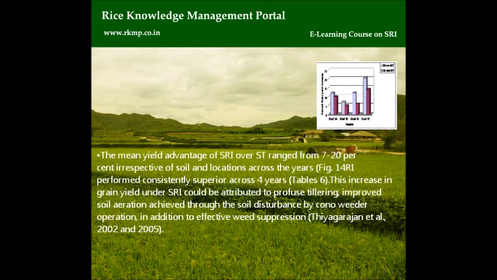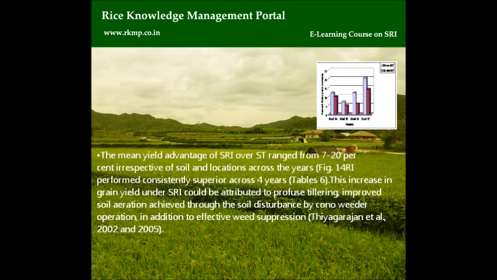The mean yield advantage of SRI over ST ranged from 7 to 20% irrespective of soil and locations across the years. Figure 14. SRI performed consistently superior across 4 years. Table 6.